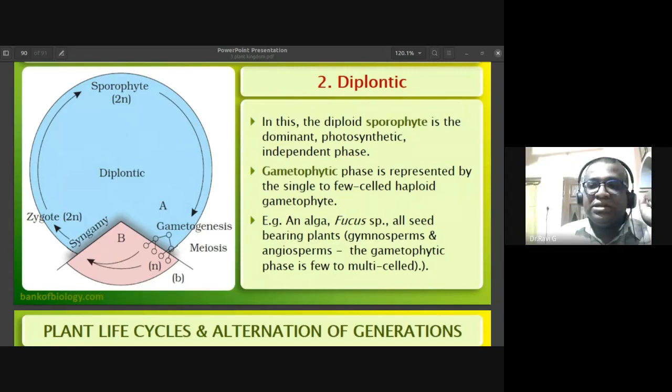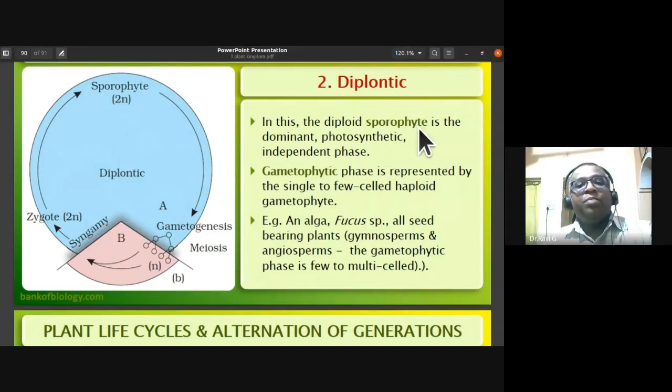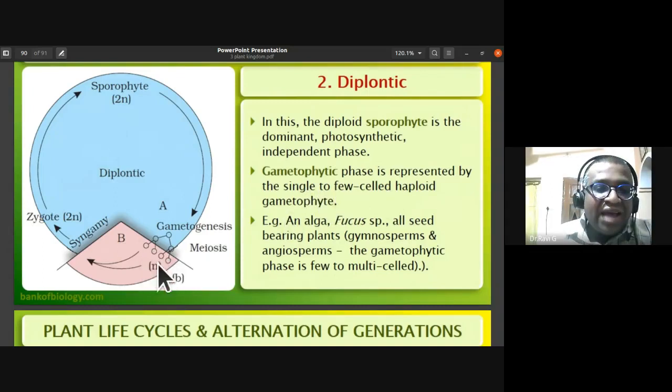What you notice in the diplontic stage is that the diploid sporophyte is the dominant photosynthetic and independent phase. The gametophytic phase is represented by single to few celled haploid gametes. Only here is the haploid condition present. Immediately they fuse to form the diploid zygote. So the gametes represent the gametophytic phase.